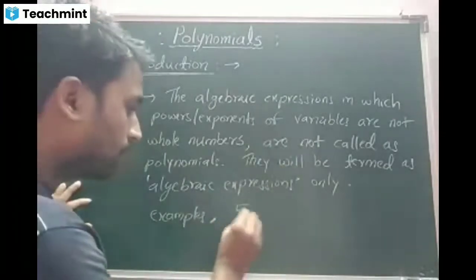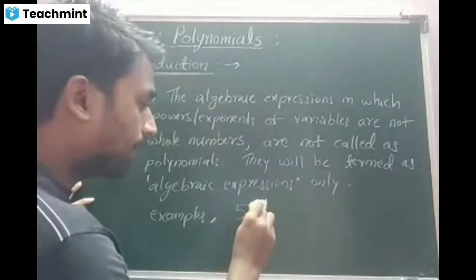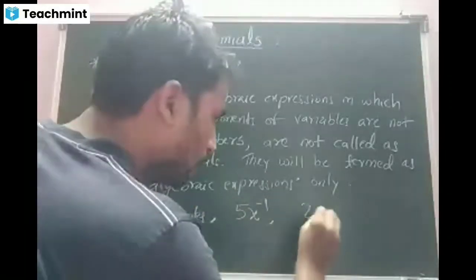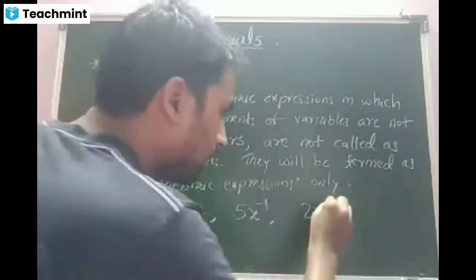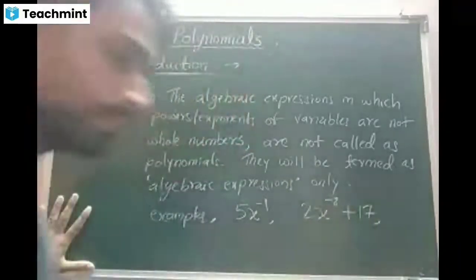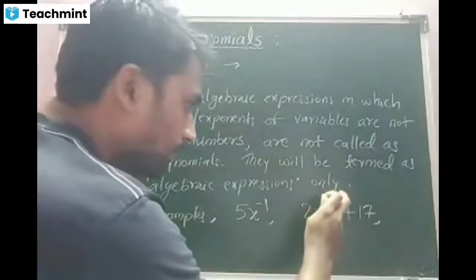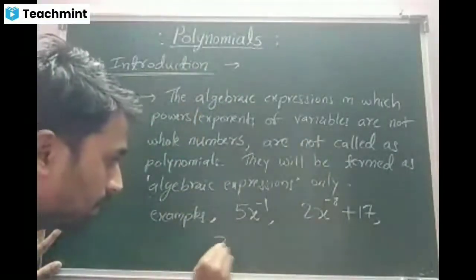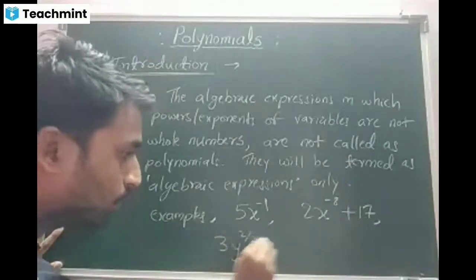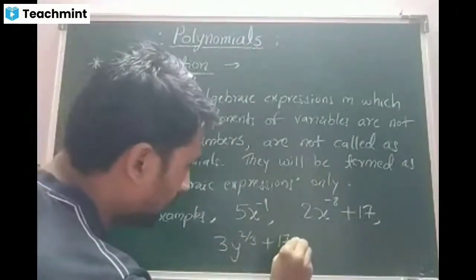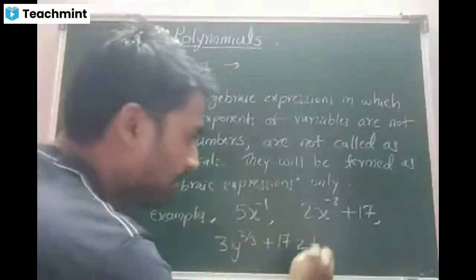One simple: 5x to the power minus 1. I'll write a few more. 2x to the power minus 8 plus 17. Okay, let us go further. 3y to the power 2 by 3 plus 17z plus 2.